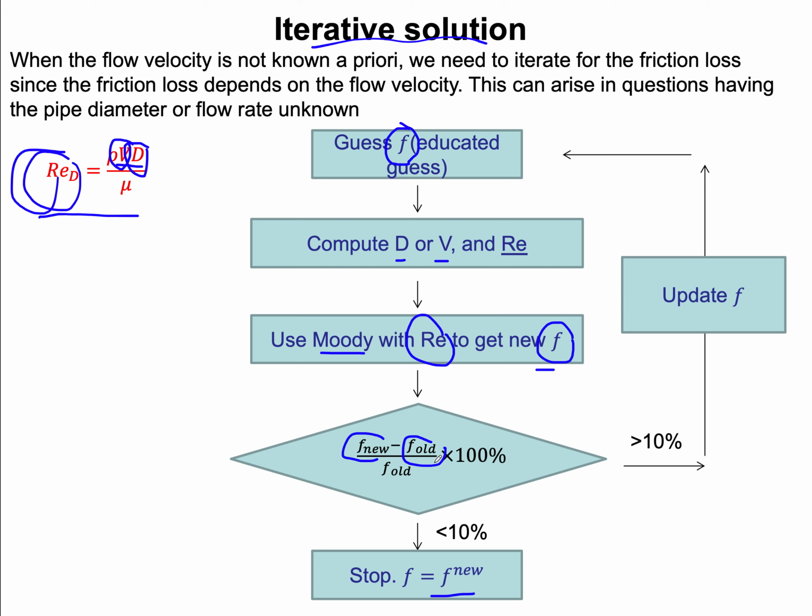But let's say, just like we had in the previous case, we had a difference of larger than 10%. Then you just go again and do the process where you update your f with the new value that you have gotten here. So you take this new f and stick it up here, and then compute D again or V again, and then compute the Reynolds number again, and repeat until you get to less than 10%.